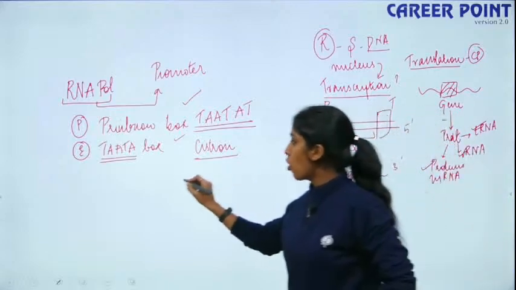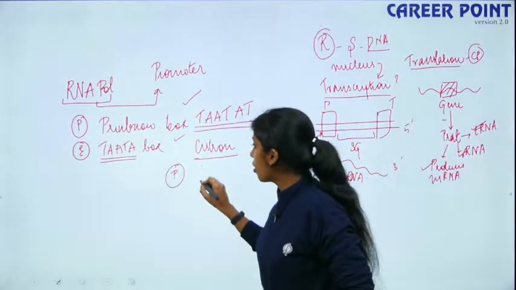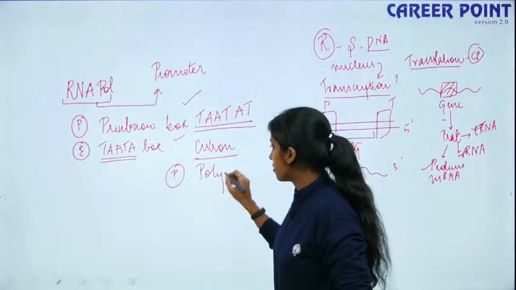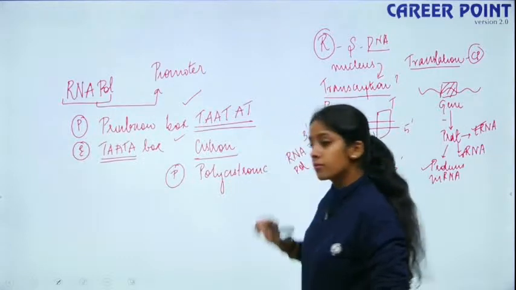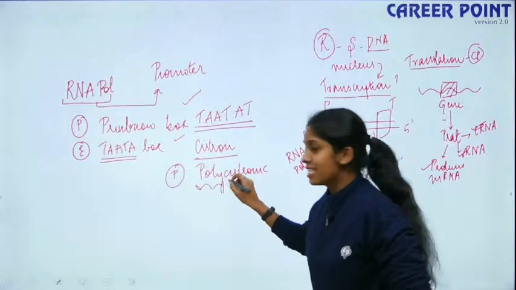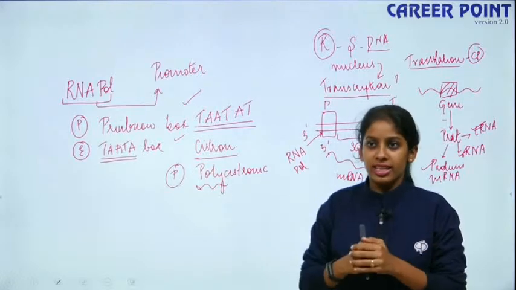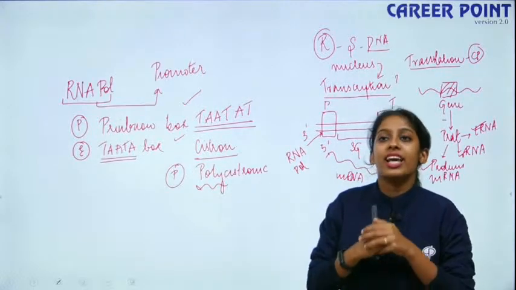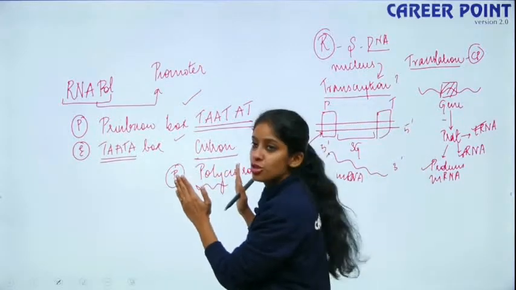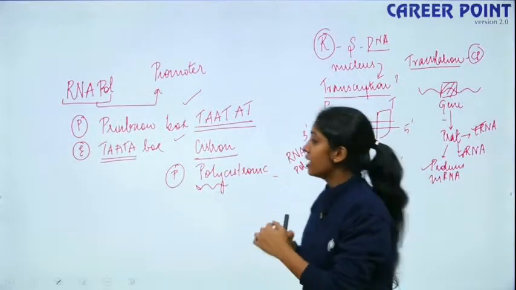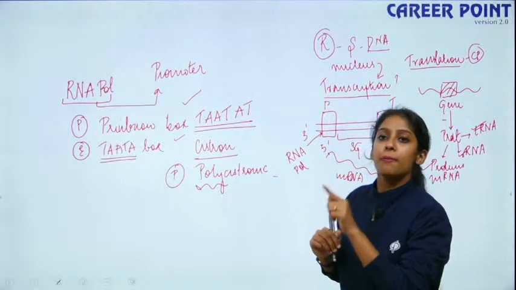In prokaryotes, we have the polycistronic condition. Poly means many cistrons located together. They are clustered together in prokaryotes. So, in prokaryotes, many cistrons are clustered together. It is polycistronic in prokaryotes.